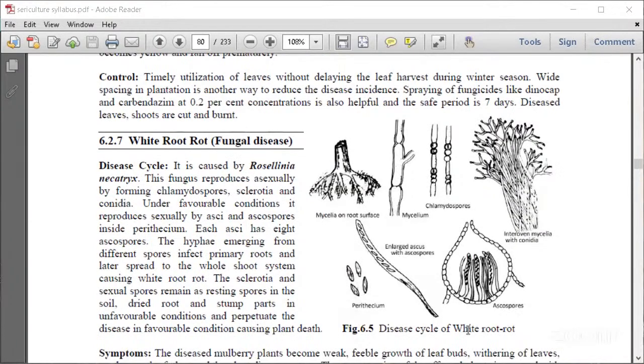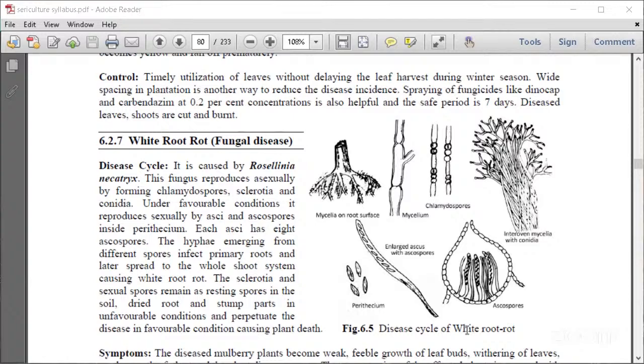And what are the symptoms? Here, the diseased mulberry plants become very weak with stunted growth of the leaf buds and feeble growth, and withering of leaves, meaning the leaves are suddenly cut down. There is weak growth of the plant and the plant dies very soon.